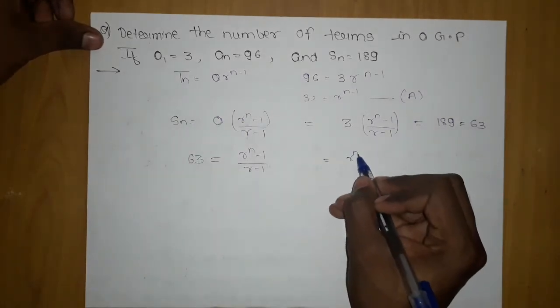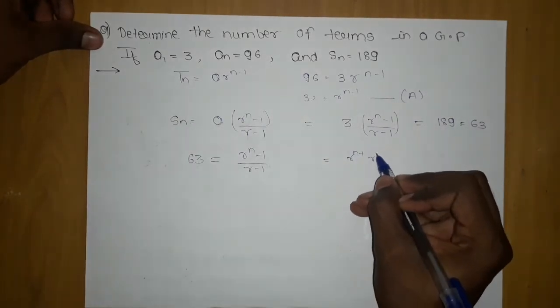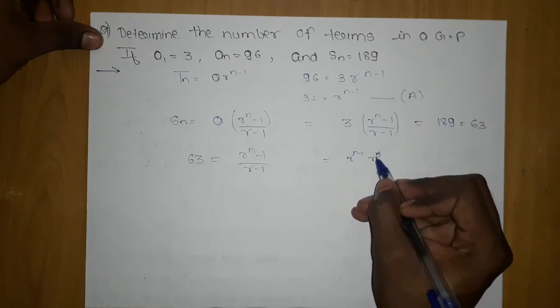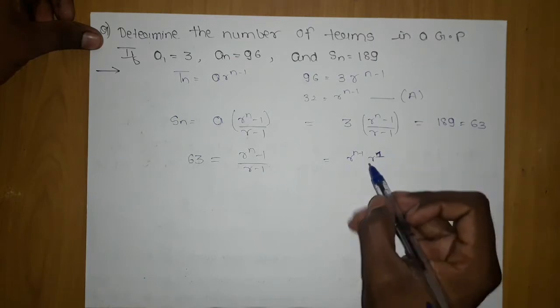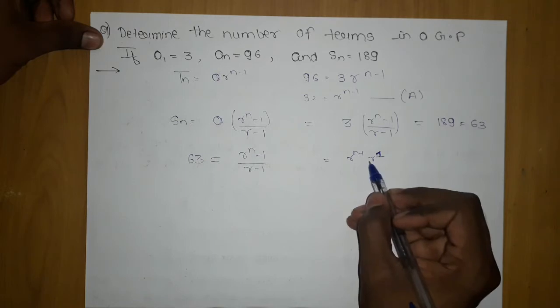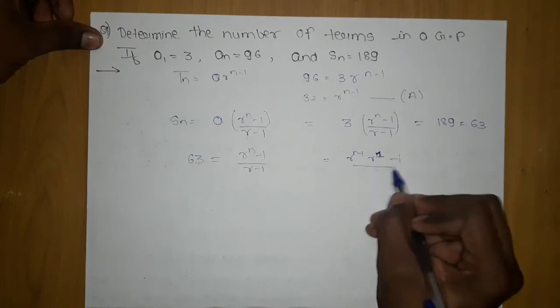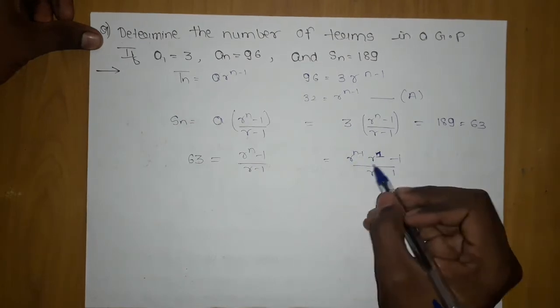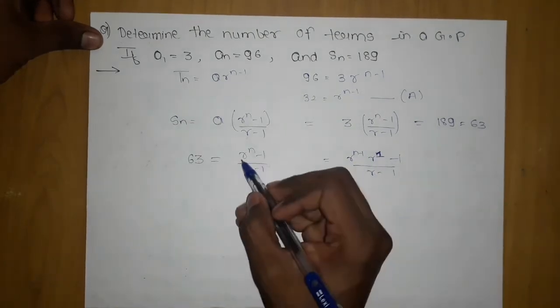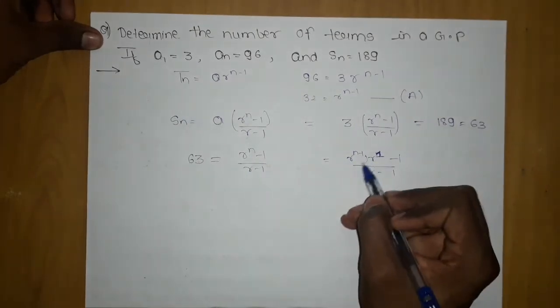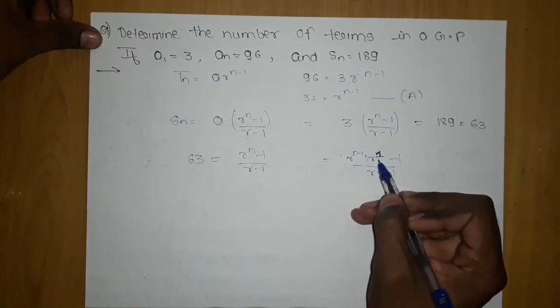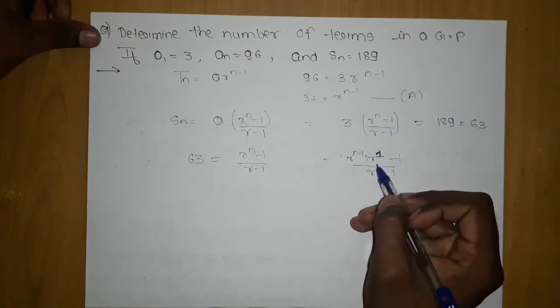You can write r power n as r power n minus 1 into r power 1. So r power n minus 1 into r, upon r minus 1.